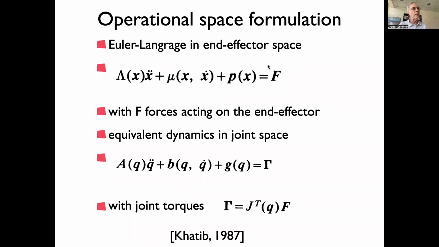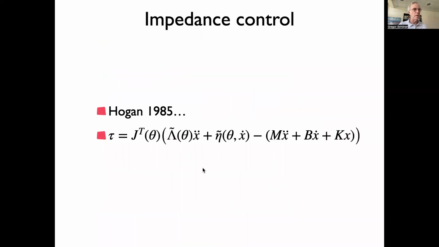And then you can essentially compute, if you want to have a certain force in end effector space, like pressing with a tool against an object with a defined force, what would be the kind of torque vector you have to apply to your robot arm to achieve that force. And someone like Hogan, for instance, thought about what torque would actually create a particular mass spring coupling at the end effector level, so the tool level, to the environment. And again, a lot of these things are done academically, but in practice, there is still limited what can actually be done.